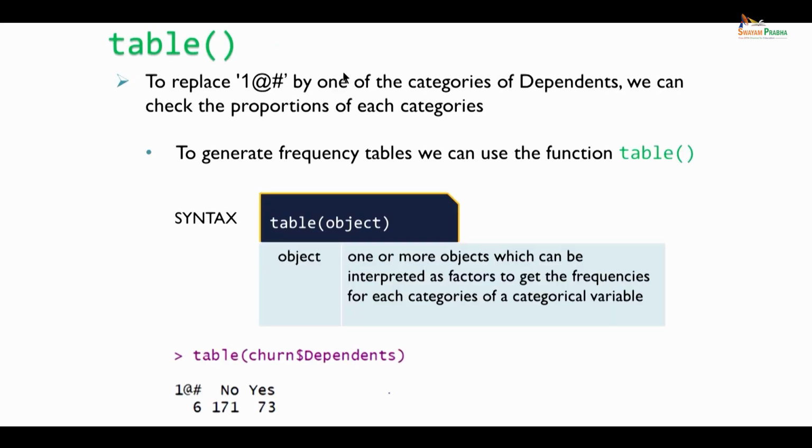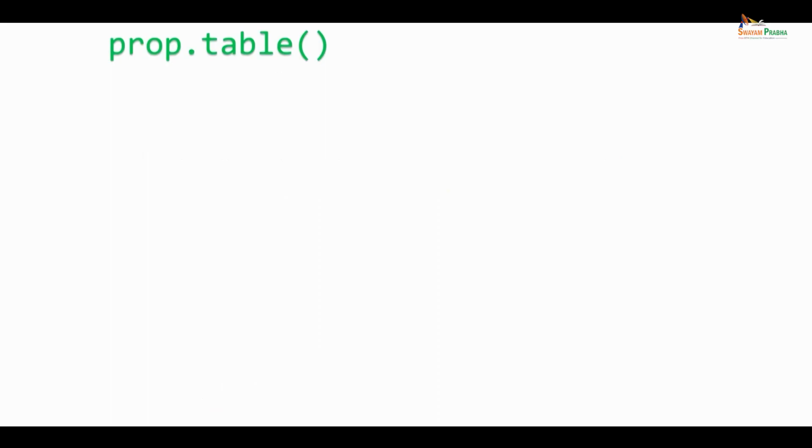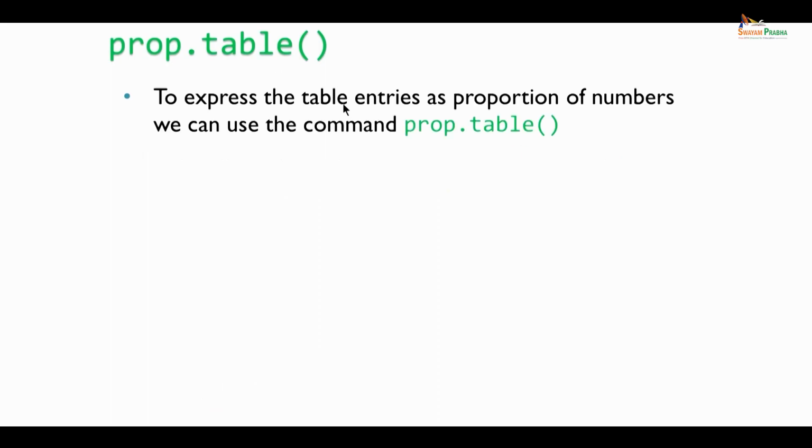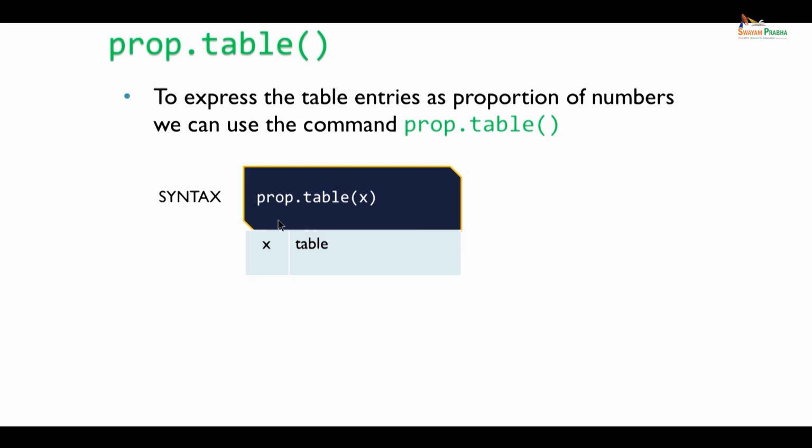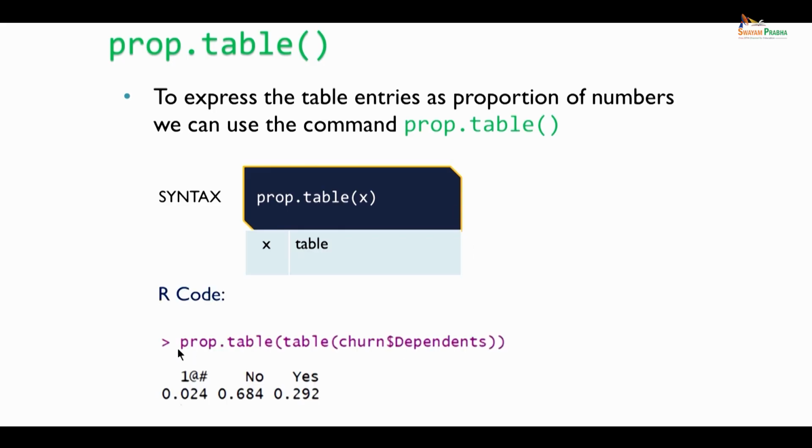Now, we have seen the output in terms of numbers. If we want to represent the table entries as proportions, we can use the command called prop.table. This is the syntax for prop.table. Prop.table is the function, and the input should be the table which you want to represent in terms of proportions. Inside the parenthesis, we are specifying the table command which I have shown you in the previous slide.